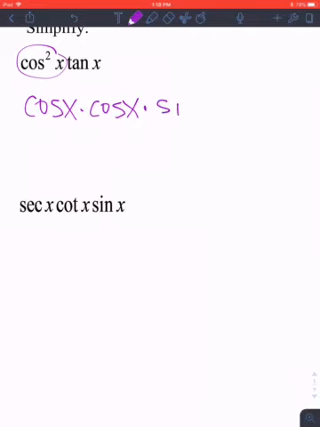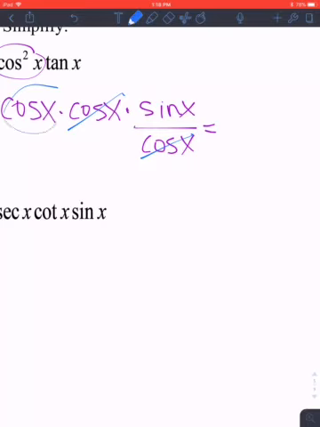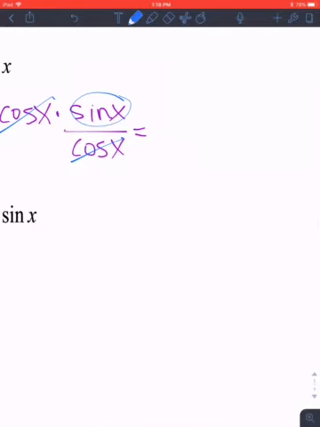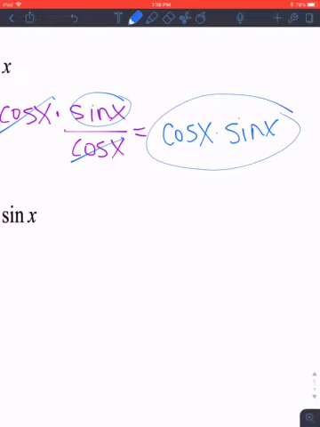So tangent is sine of x over cosine of x. Okay, so this one's honestly one of the more rare ones that doesn't simplify super far down, but I can cancel out one of the cosines on the top and the bottom, but I still have a cosine and sine of x left over being multiplied. And that's no identity, that's nothing you can simplify there, it's just cosine times sine.